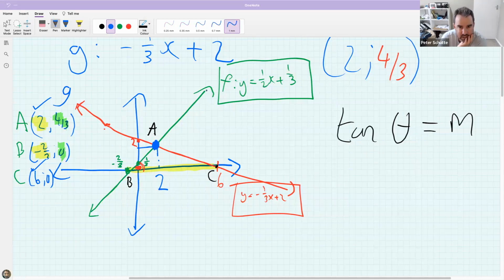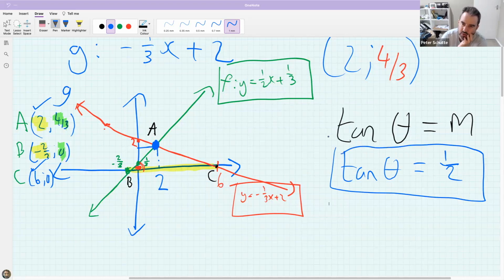You have to identify what the gradient is, and the gradient of the green line was a half. So now, what angle do you think the angle of inclination is going to be? Well, I go shift tan, or inverse tan, of a half.